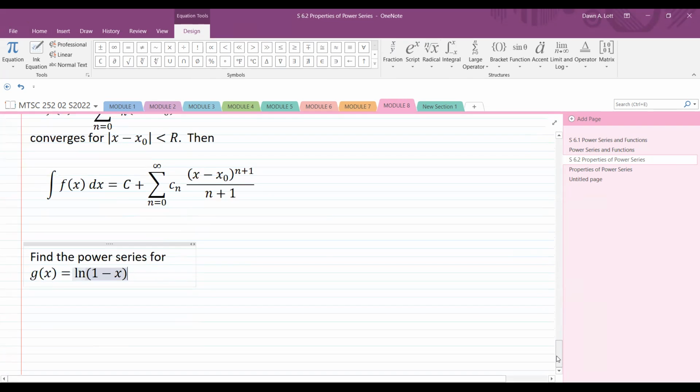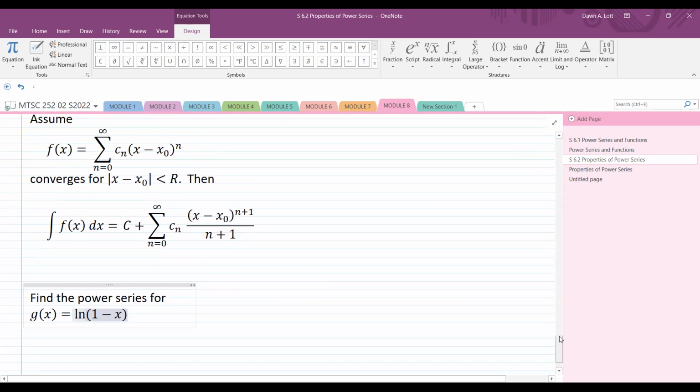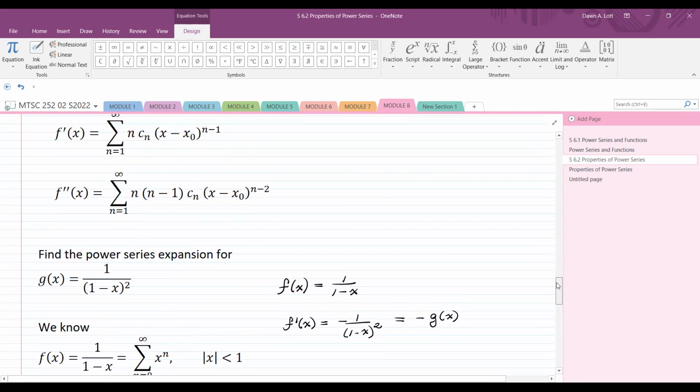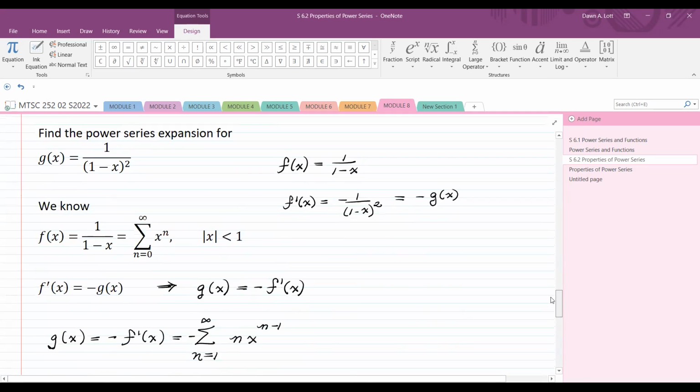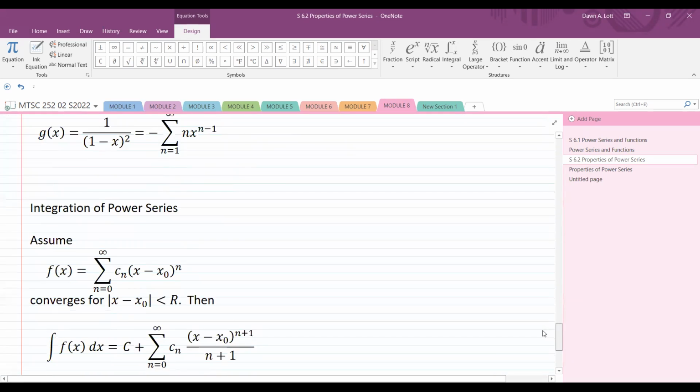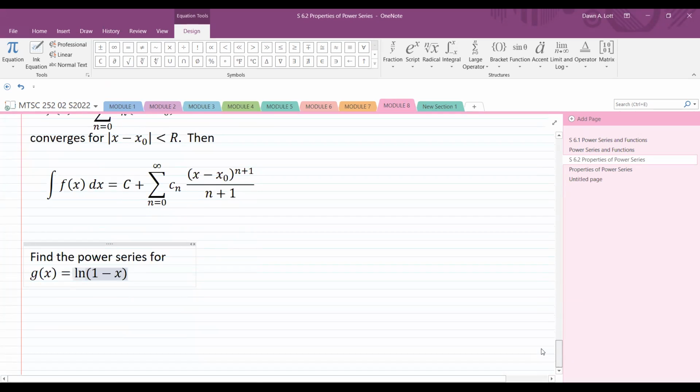How would I go about doing that? And we can only use what's on the paper, what we've done here.